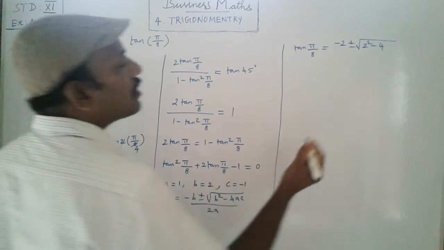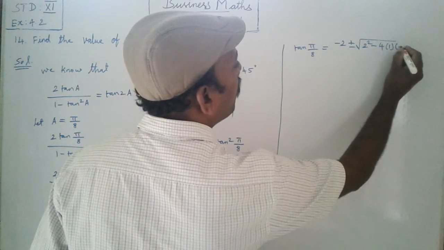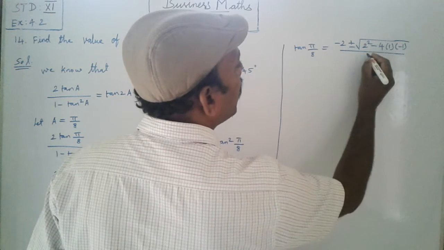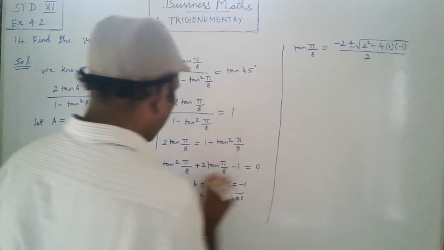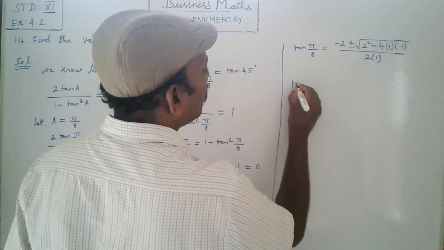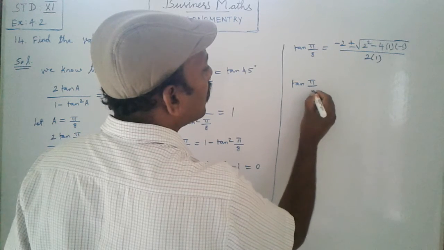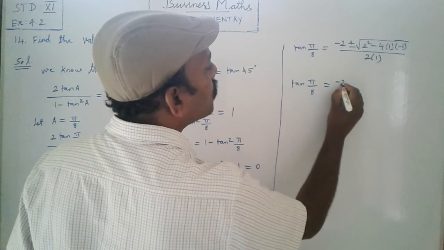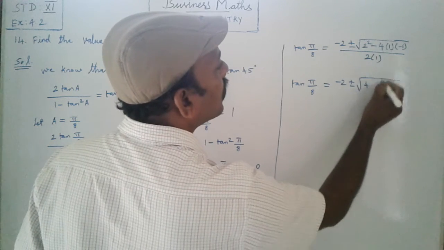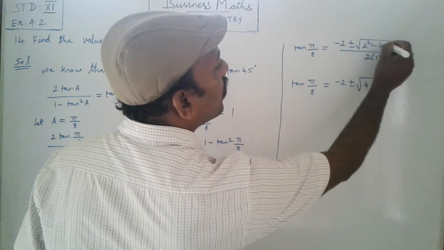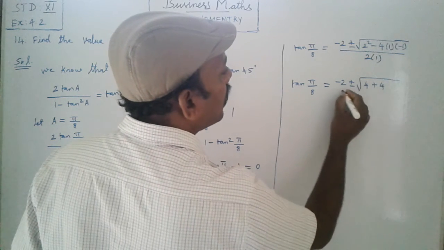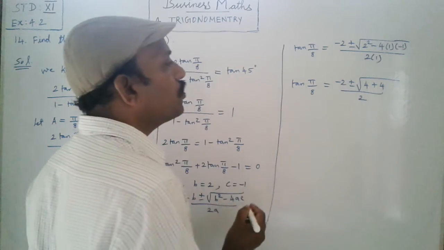A is 1, c is minus 1, so 1 into minus 1, divided by 2a. 2 into a value 1. So tan pi by 8 equal to minus 2 plus or minus root of 2 square is 4, minus 4 into 1 into minus 1 is plus 4, divided by 2 into 1 is 2.